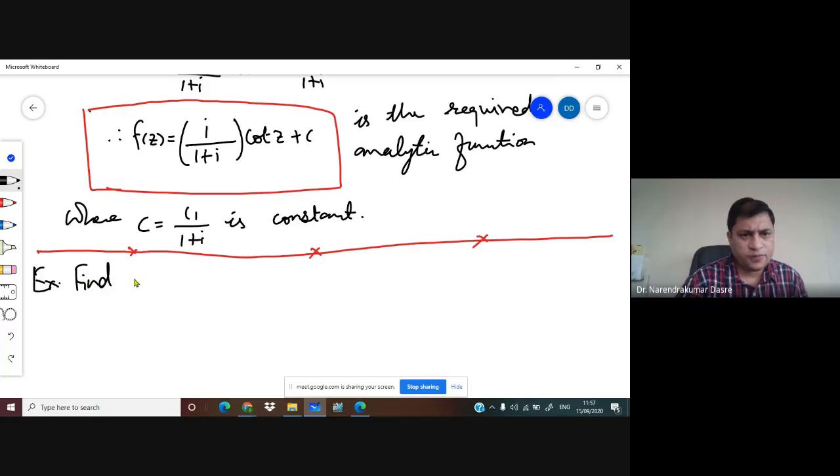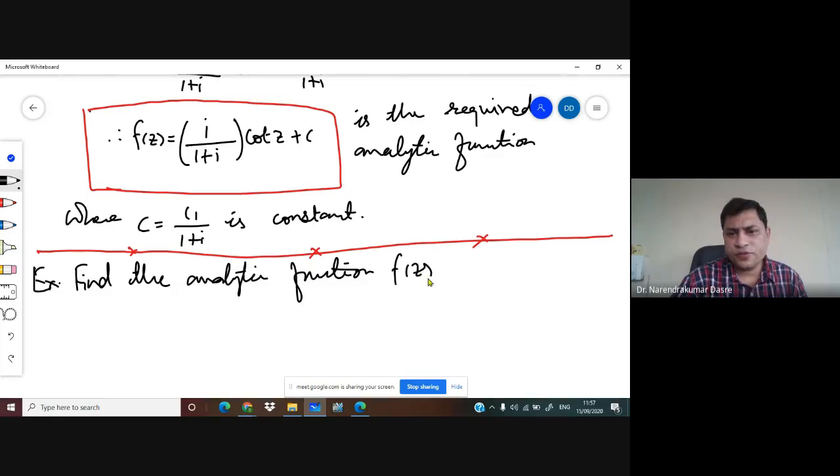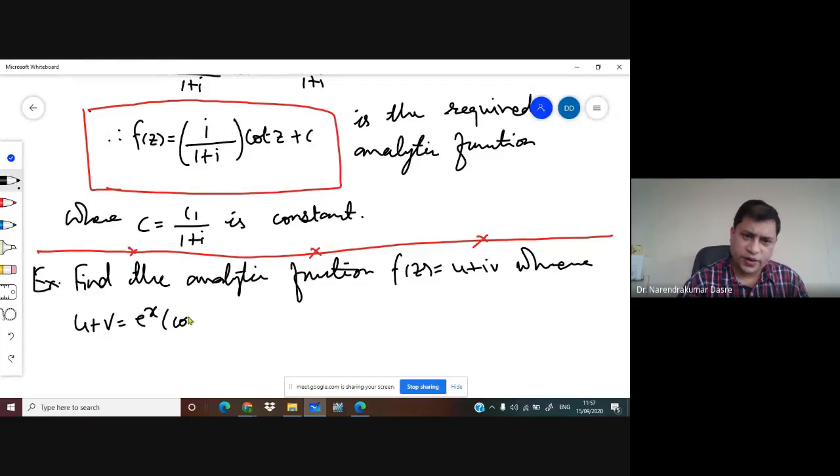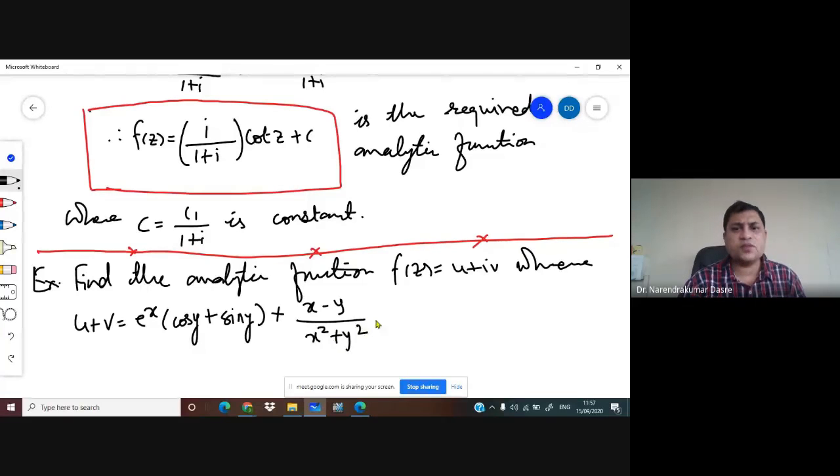So find the analytic function f of z is equal to u plus iv, where u plus v is equal to e raised to x (cos y plus sin y) plus (x minus y) upon (x square plus y square).